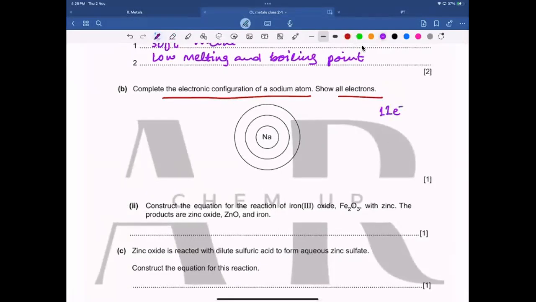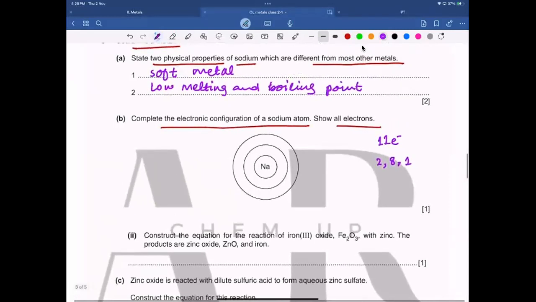These 11 electrons are distributed like this: the first shell gets 2 electrons, then 8 in the second shell, and 1 in the last shell. So that's how we will do it. We will put 2 electrons in the first shell, then 1, 2, 3, 4, 5, 6, 7, 8 electrons in the second shell, and in the third shell, we put 1 electron.